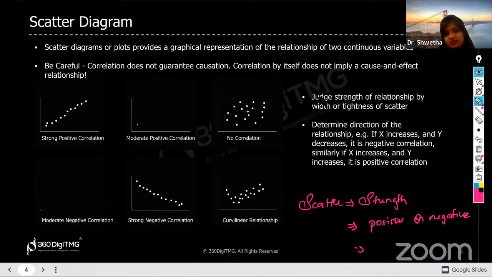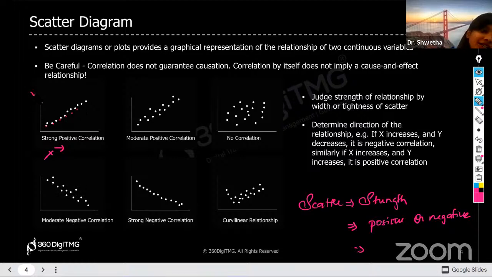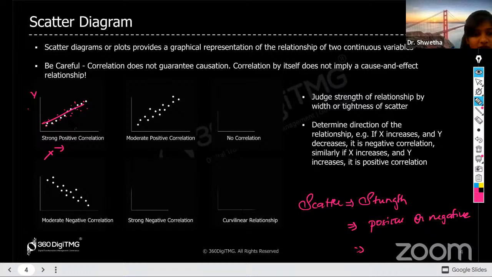Sometimes what happens, there might be values of x which keep increasing, and when you plot it, y also keeps increasing. Though the scatter plot shows that there is a correlation, it might not be the reason for cause.